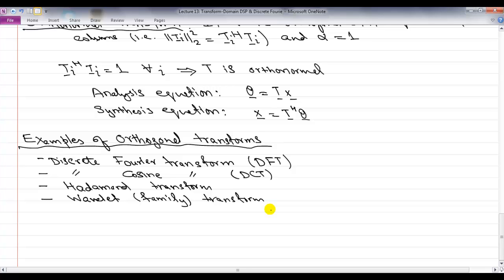And even within wavelet transforms, actually you can have non-orthogonal wavelet transforms, but we won't go there. You have short time Fourier transform, which again is used for both analysis and processing, although it is sometimes used more often for analysis than processing.